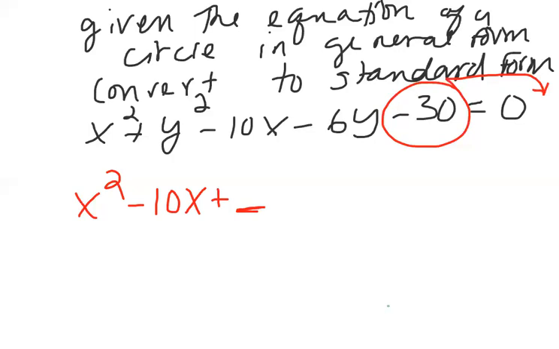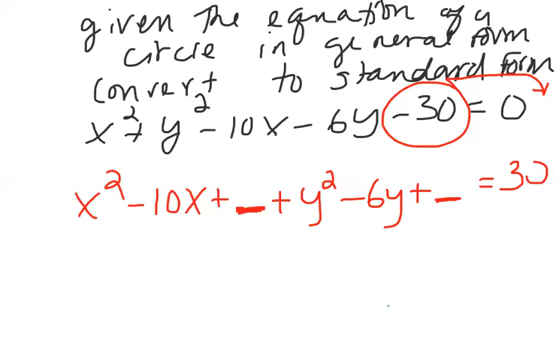So I'm writing the x terms now. You will notice there's a blank here. This blank is there for when we do go in to complete the square, so we can write this in standard form. Now guys, here comes the y terms, y squared minus 6y, and then plus another blank, because we're gonna have to complete the square on the y term, and then move the 30 over. I'm pausing.